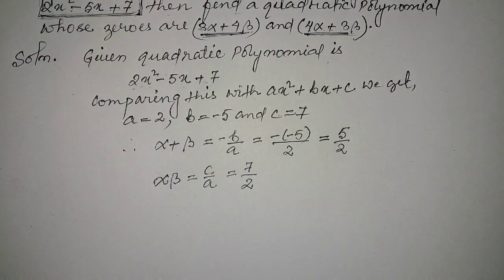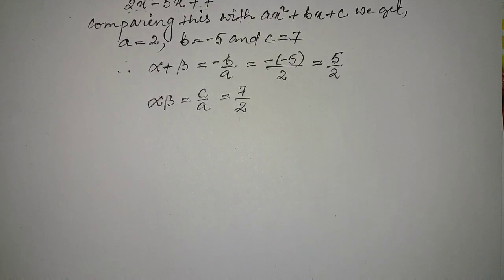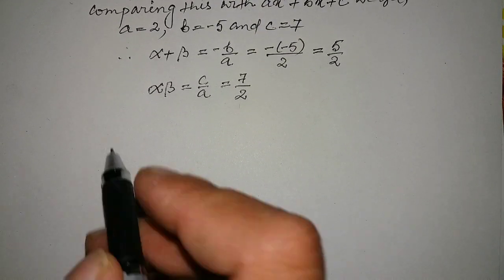And now to find the new quadratic polynomial, we're going to find the sum and product of the zeros for that new quadratic polynomial.